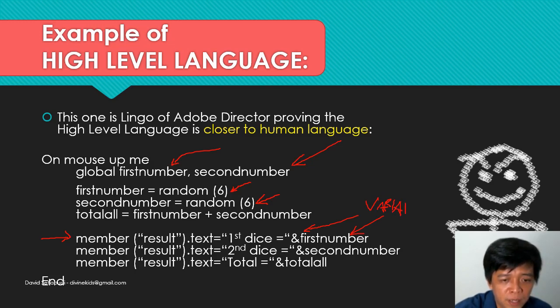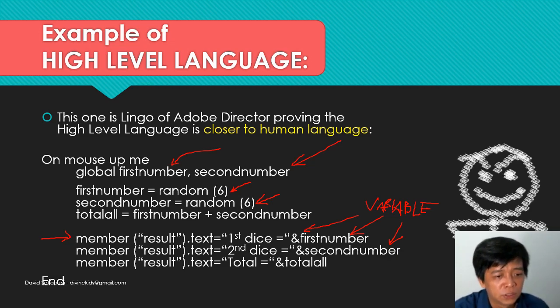This variable becomes 3. This is also a variable, created from this one, first number and second number. So member result text the second dice. And then the last one is total, which is the total of all.